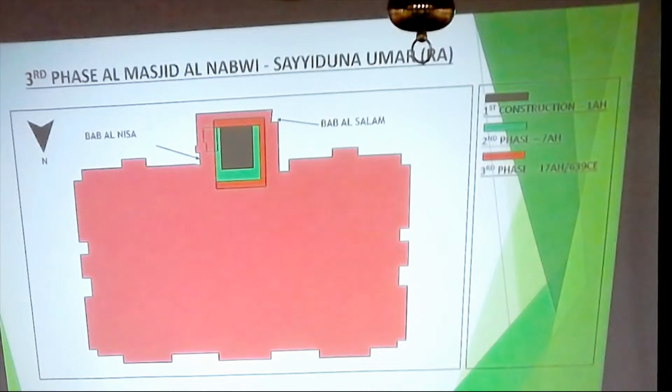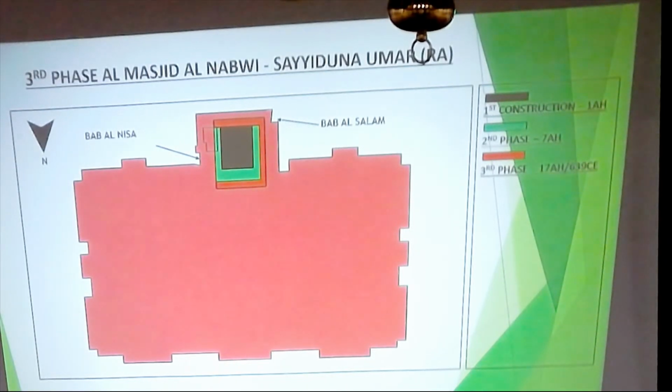So in the south, facing the Qibla, it was increased approximately 5 meters. 15 meters to the west, it was increased, and 10 meters to the west and 15 meters to the north, downwards towards the main masjid now, it was increased.